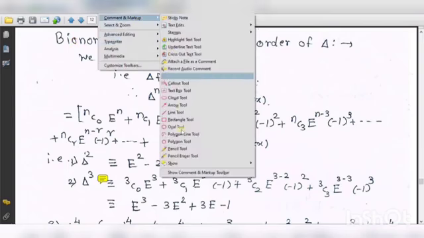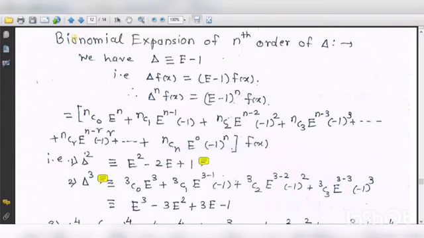Regarding this binomial expansion, nC0, nC1, nC2, nC3, the general term nCr, and nCn are all called binomial coefficients.